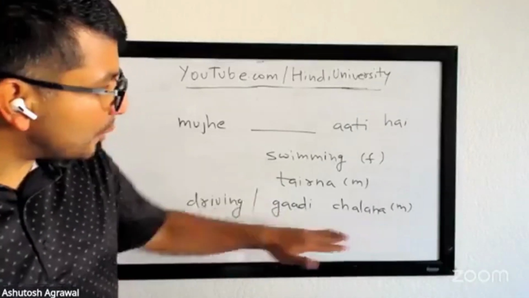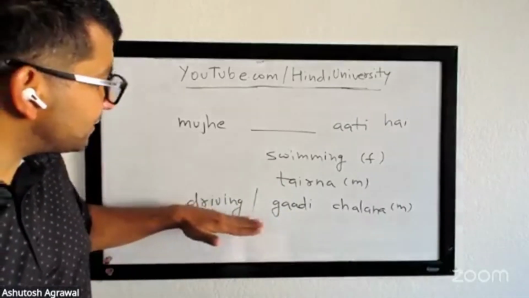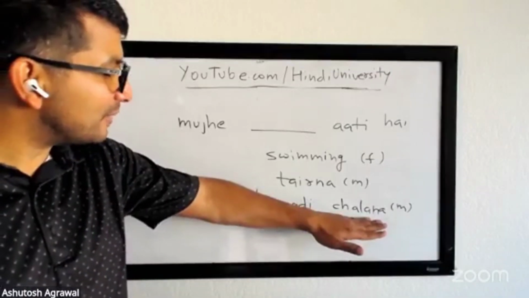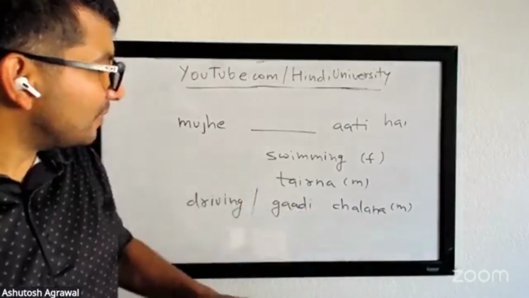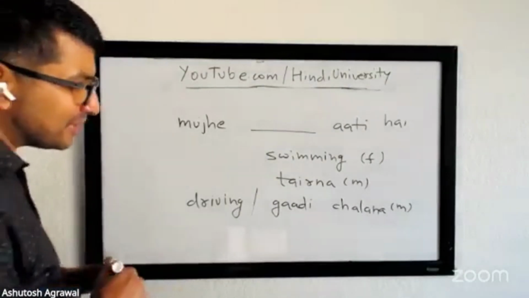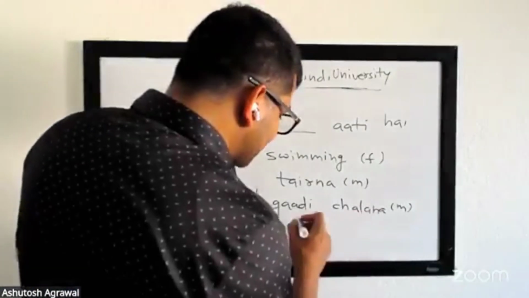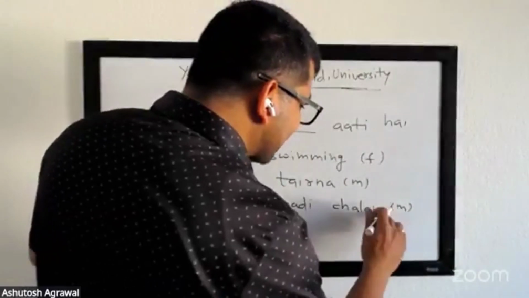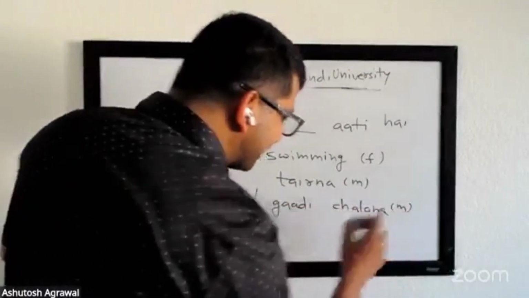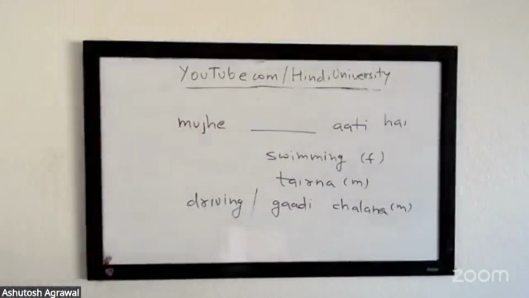I think the even trickier question would be, one is you will say मुझे गाड़ी चलानी आती है, versus you can say मुझे गाड़ी चलाना आता है, because both will go fine.